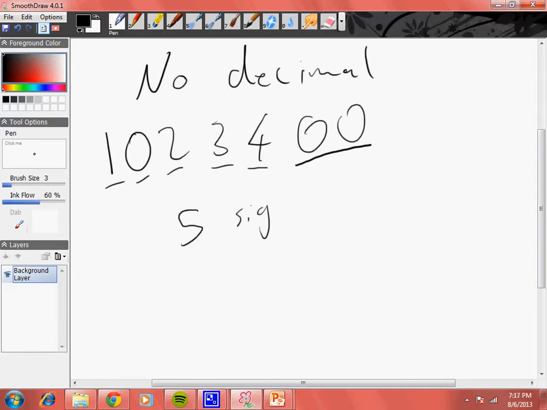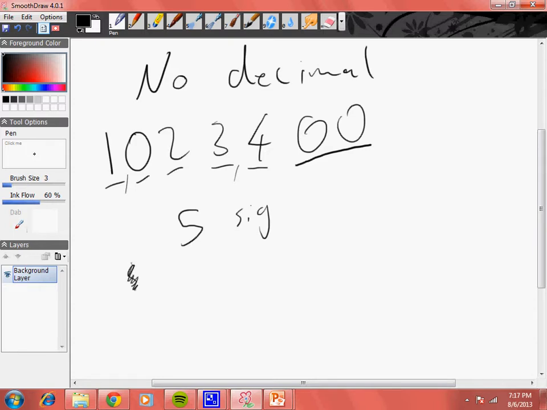one might think that the zeros back there were estimated, meaning maybe the true value wasn't 1,023,400. It might be 1,023,407. But someone said, okay, let's just drop the 7 and make them zeros.